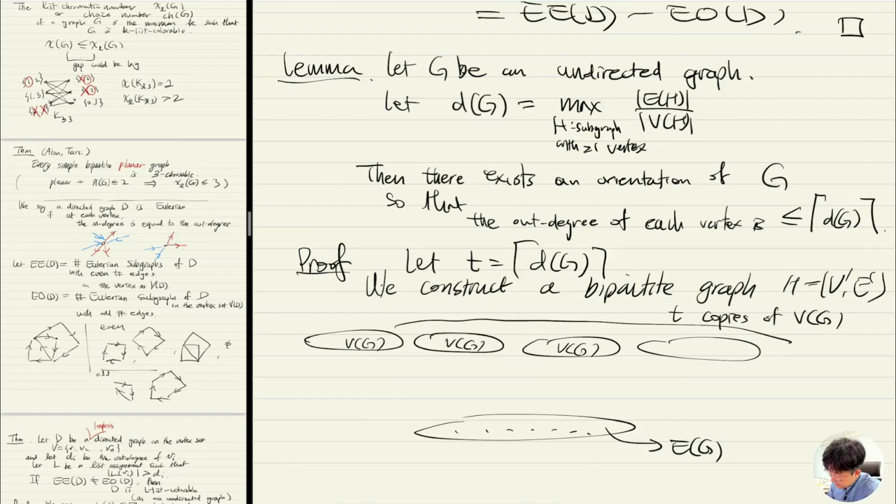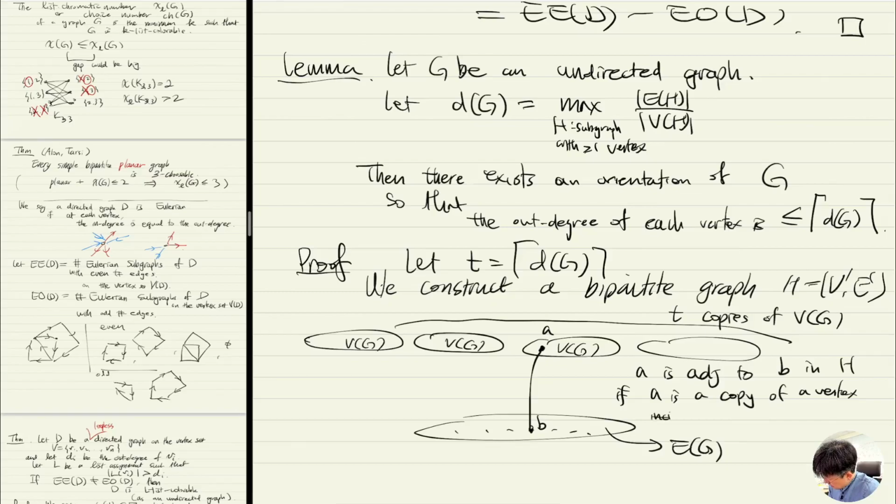We put an edge: A is adjacent to B in H if A is a copy of a vertex incident with B in G. So we're going to have many edges like this.